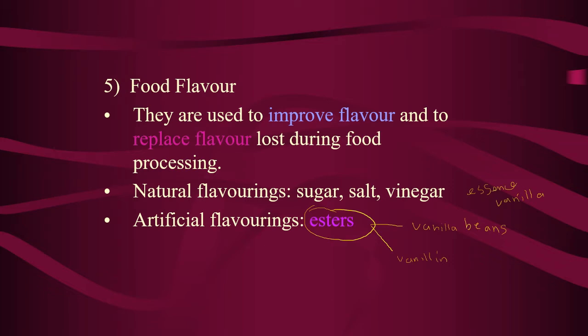Natural flavors include sugar, salt, and vinegar, because when we cook, sometimes we add sugar to adjust the taste of the food. Or of course, we add salt to give the saltiness to the food.